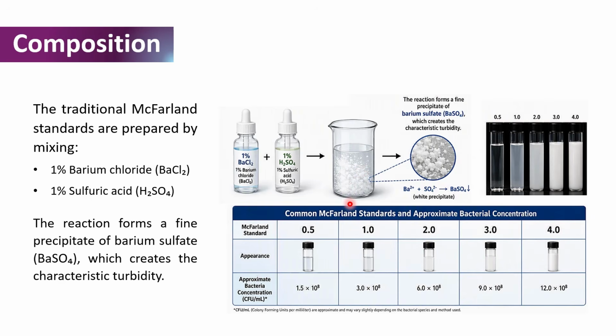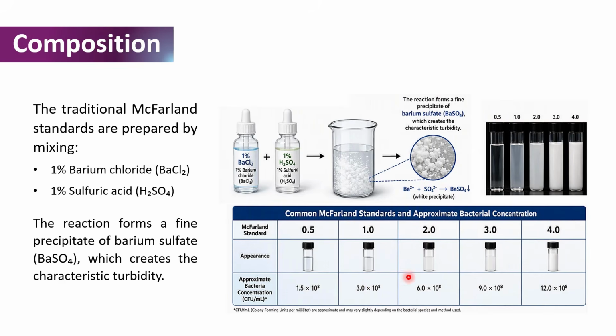So, some common McFarland standards and their approximate bacterial concentrations. We have 0.5, 1.0, 2.0, 3.0, and 4.0, and this is how they appear in terms of their turbidity. And this is the approximate bacterial concentration in CFU per ml. For the 0.5 McFarland standard, the approximate bacterial concentration is 1.5 times 10^8. For the 1.0, it is 3.0 times 10^8.